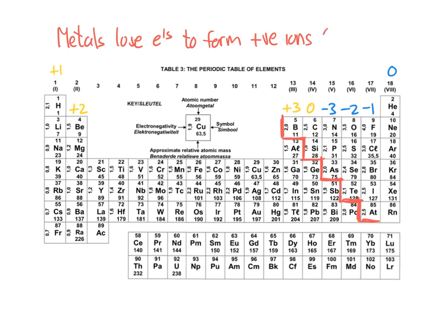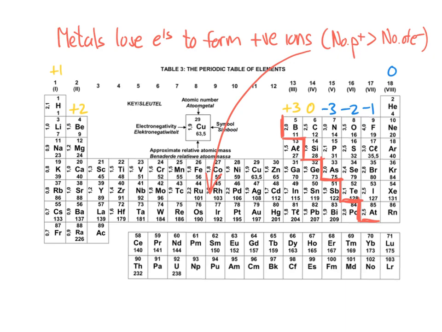All right, where the number of protons is bigger than the number of electrons because they have lost electrons. So that is true for the elements on this side of this boundary between metals and non-metals.